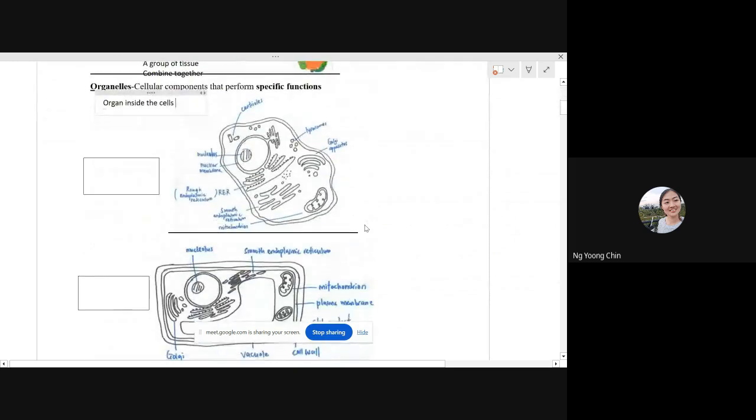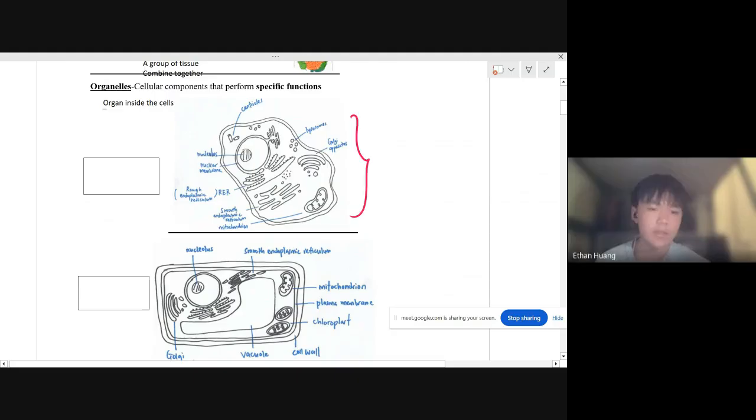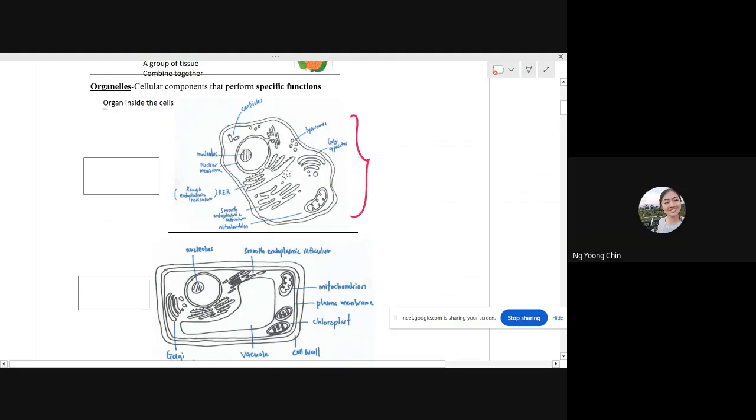So Ethan and Suyang, you can guess which one is a plant cell and which one is an animal cell. Is this an animal cell? Yeah, it's an animal cell. Correct. Why is it an animal cell? Your answer is correct. Below this picture is a plant cell.